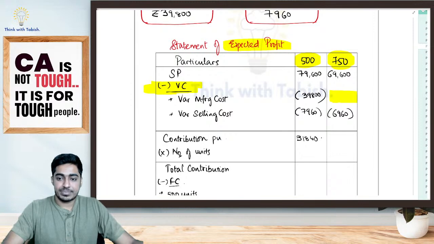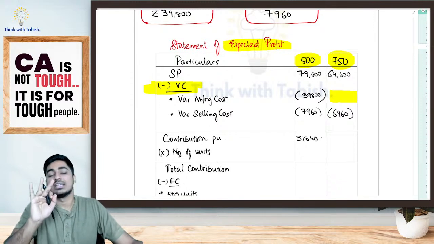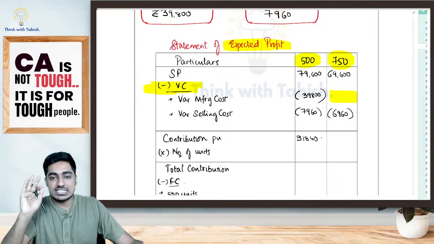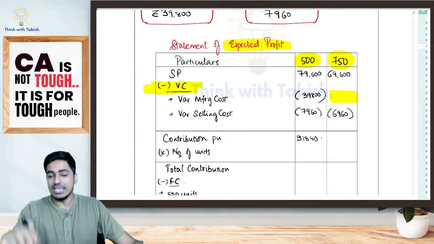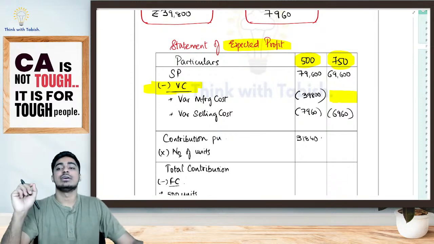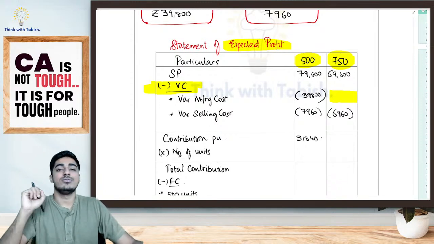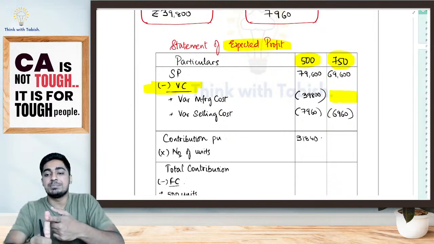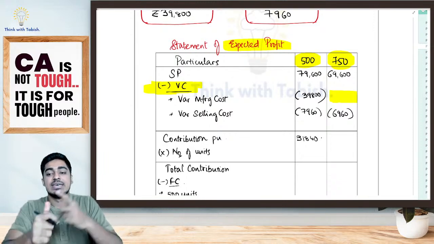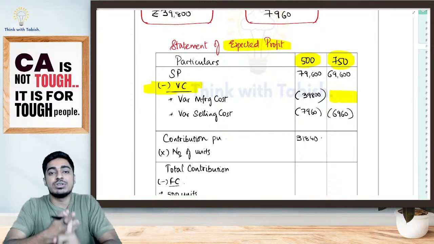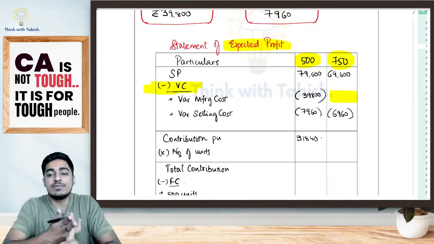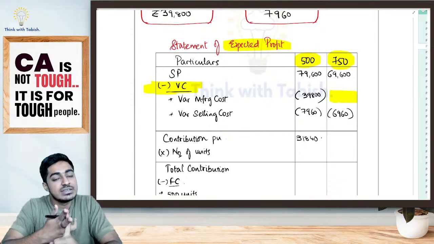Yes, remember students, the basics of marginal costing. We have told 3 assumptions of marginal costing. Unless otherwise specified, that is, if nothing is given in the question, what do we assume? We assume that selling price per unit is constant, variable cost per unit is constant, and total fixed cost is constant.